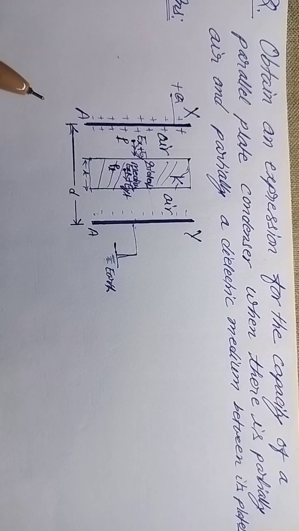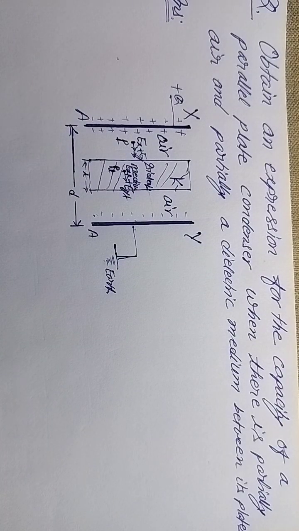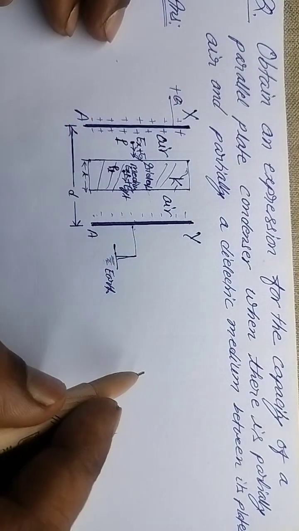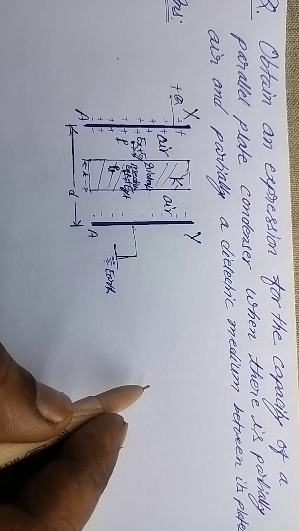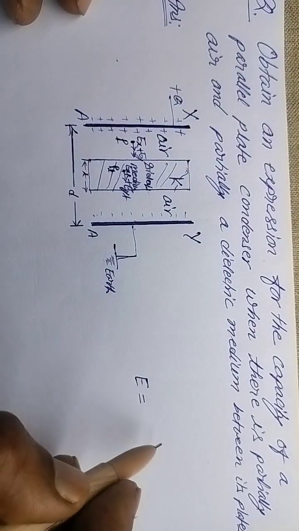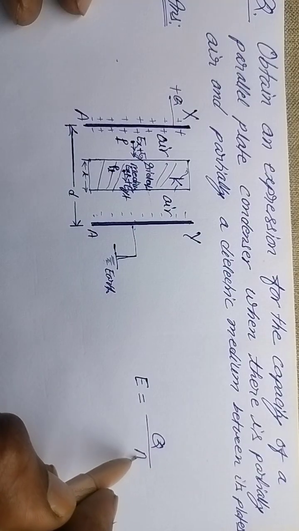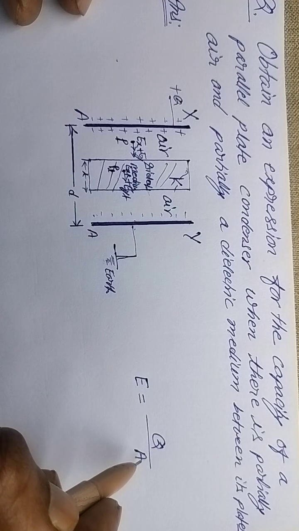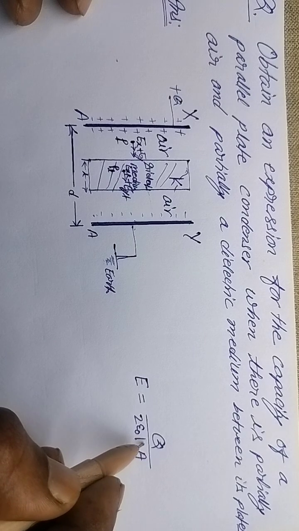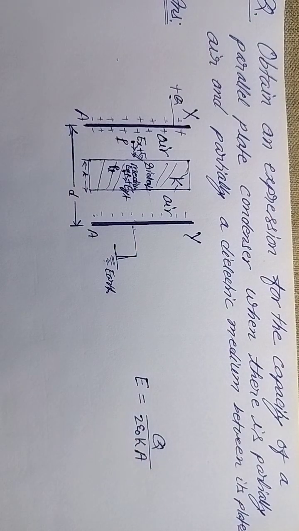Okay. Now remember, for a long plate, like an infinite plane plate, the electric field intensity at a point is E equal to charge Q by surface area of plate A and 2 times epsilon 0 and the dielectric constant K. This is our key point.